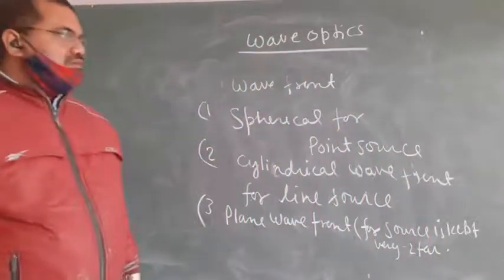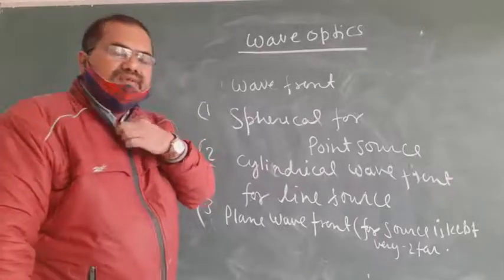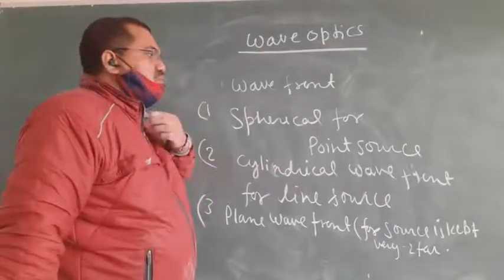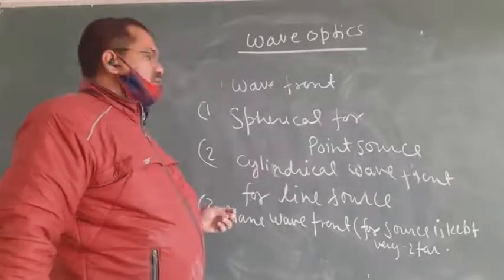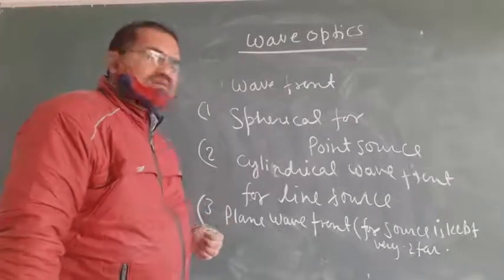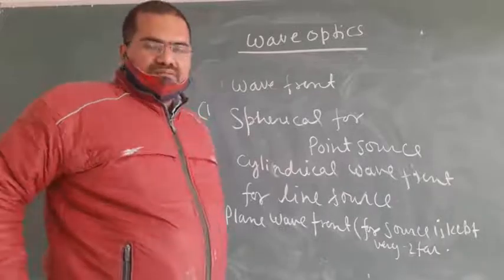Okay. So these are the types of wavefront. Number one is spherical wavefront, which is due to point source, and cylindrical wavefront, which is due to line source, and plane wavefront, which is due to source kept very far.